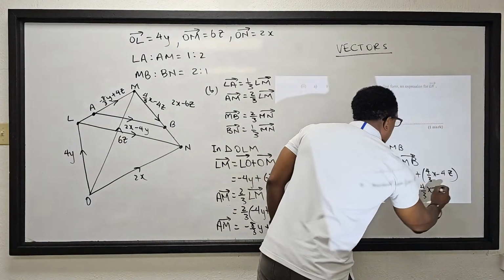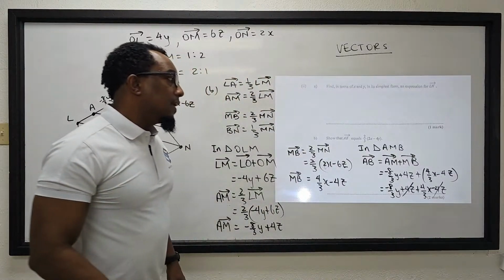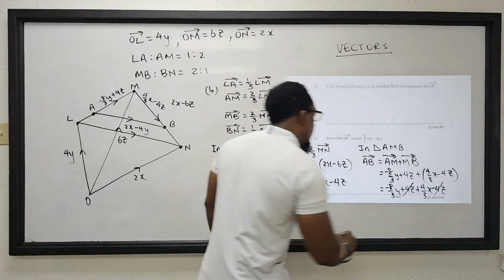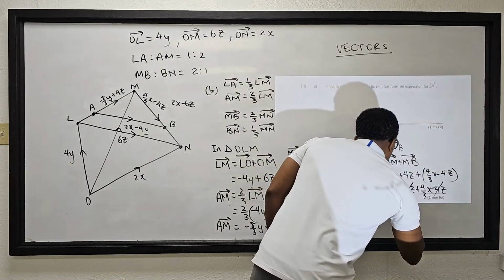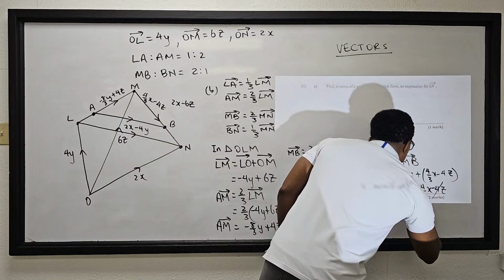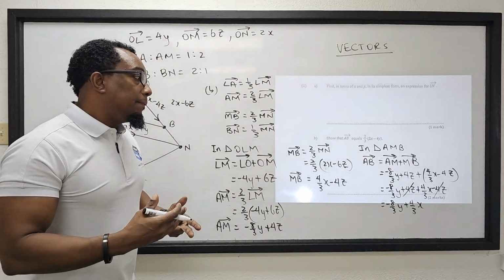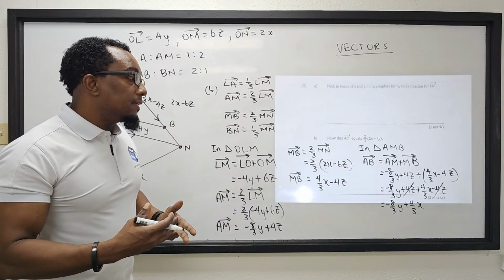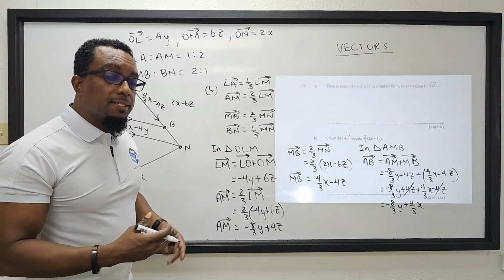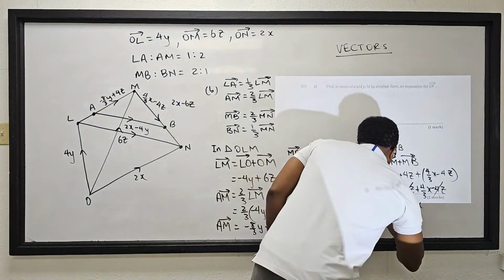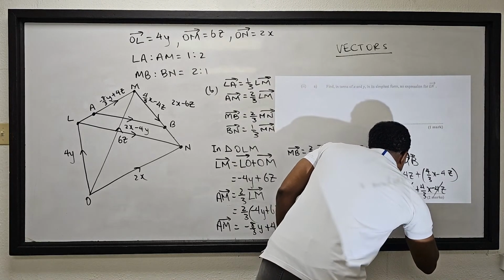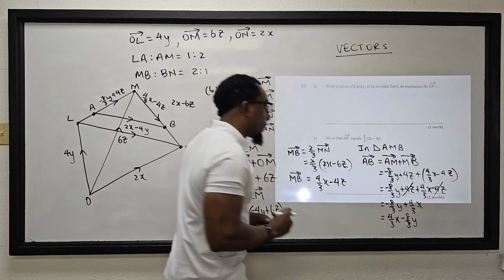Your 4z minus 4z cancels, and you're going to be left with negative 8 over 3y plus 4 over 3x. You can rewrite it in order of the letters of the alphabet. This will be 4 over 3x minus 8 over 3y.